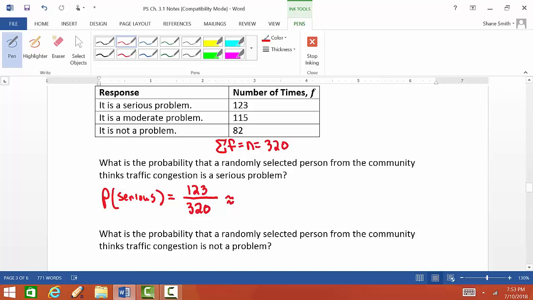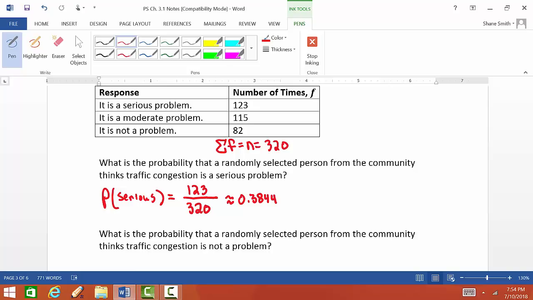And when you have a messy fraction like this, it's hard to interpret what that is. And so I suggest you have a decimal approximation for that. And if it's on a test or something, I'll tell you what I want the answer in. The fraction's best, but I always like making a decimal or percentage, especially when the fractions are like this, because a lot of people look at 123 over 320 and they don't really know what that means, right? So that's about 38%.